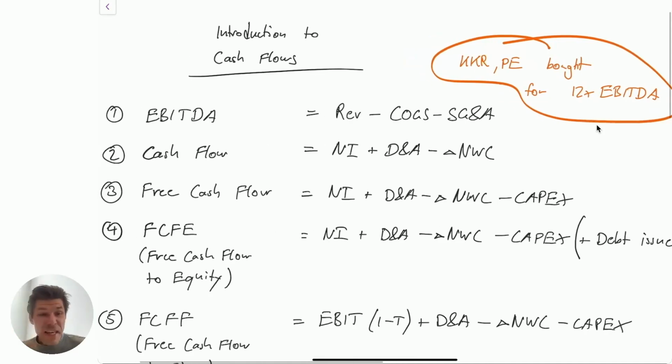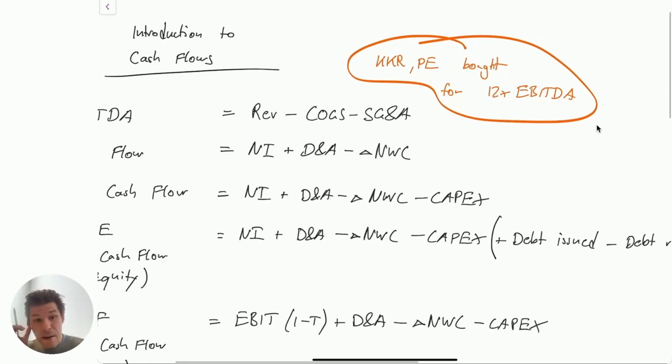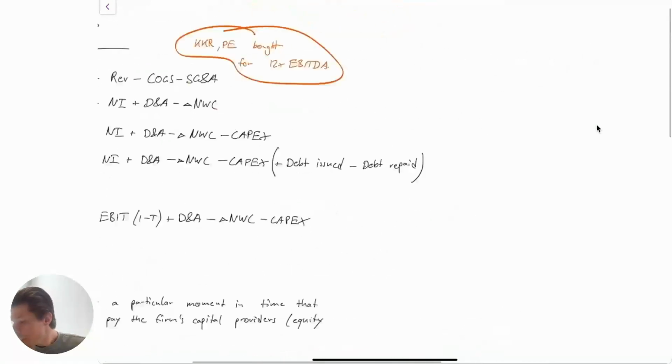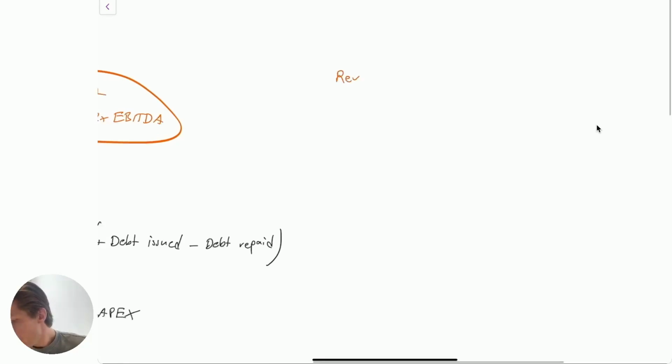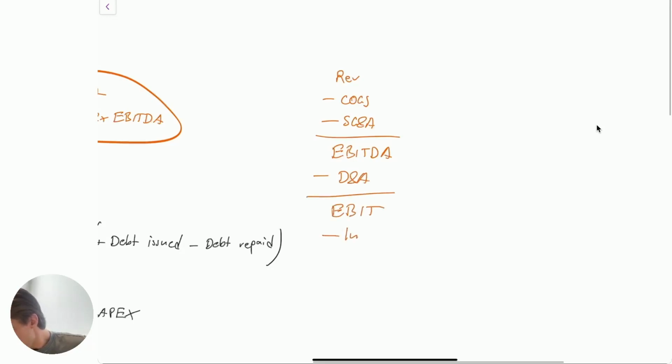Why are we using EBITDA for this purpose and not EBIT, not revenue, not net income? You could also say KKR bought company B 7 times net income. We use EBITDA because if you look at the income statement, revenue minus COGS minus SG&A, EBITDA minus depreciation and amortization, EBIT minus interest minus taxes equals net income.